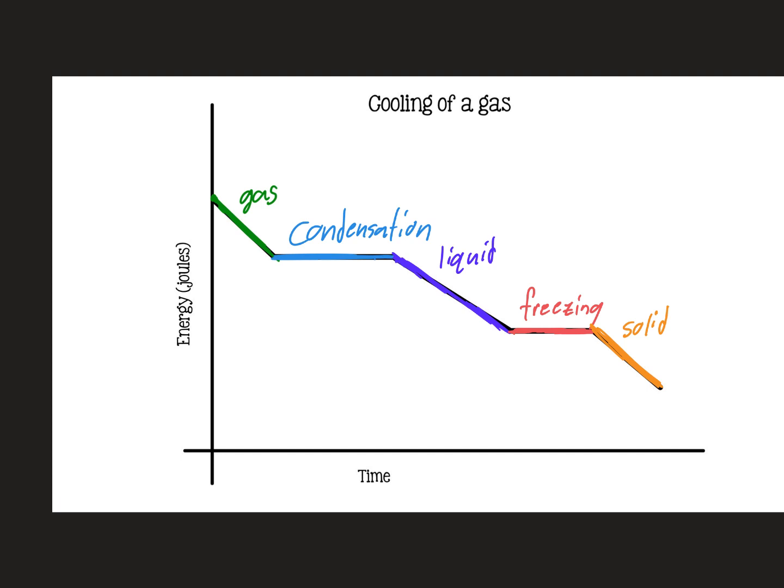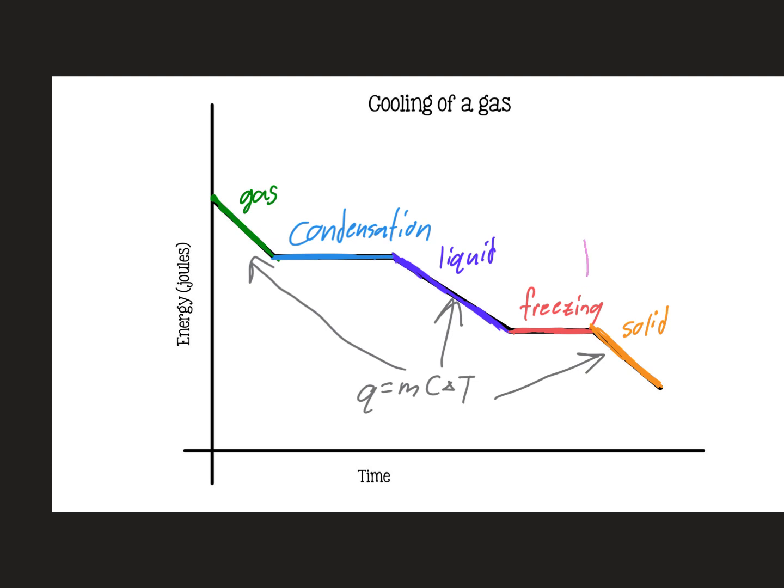Now, once again, we need to consider our equations. Whenever you have a sloped line, so the solid, liquid, or gas, we are going to use the equation Q equals mc delta T because we are changing the temperature of the substance.